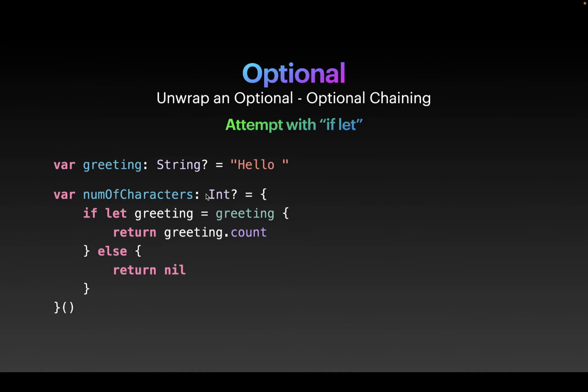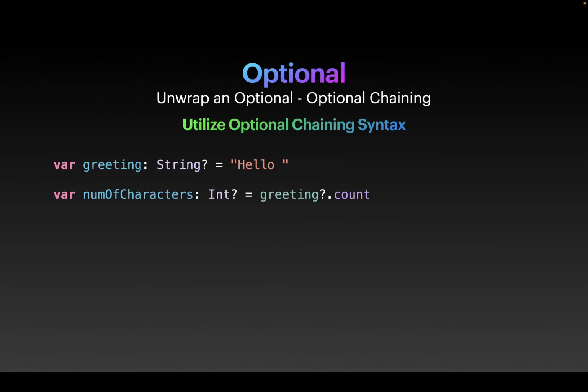But the thing is, it's too verbose. It's too much code, too much typing here, and we can utilize the optional chaining syntax. We can just write greeting with a question mark and say .count.